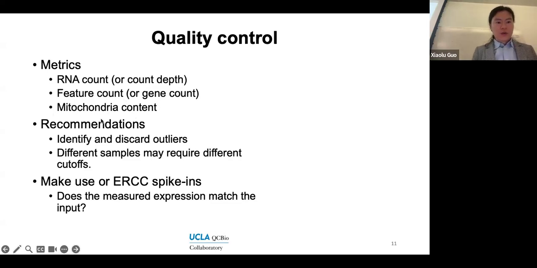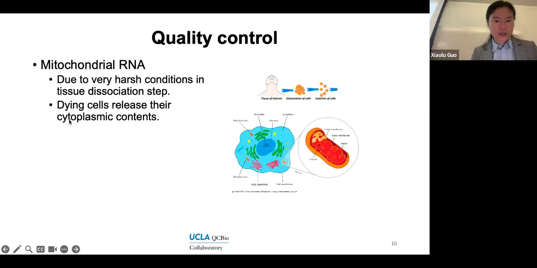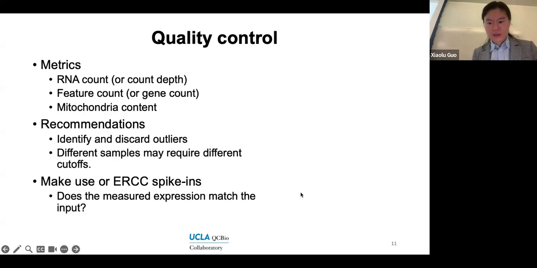What we do is first identify and remove those outliers. We also need to keep in mind that different samples may require different cutoffs. Let's go to the code.